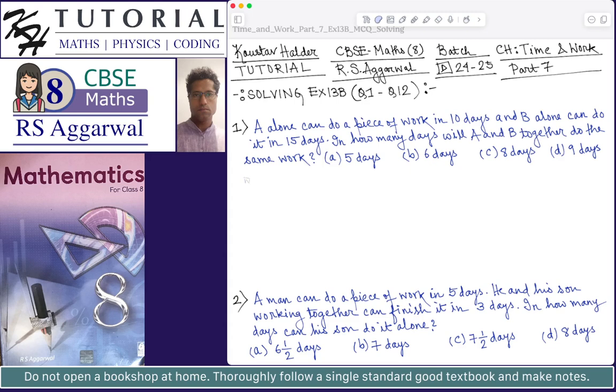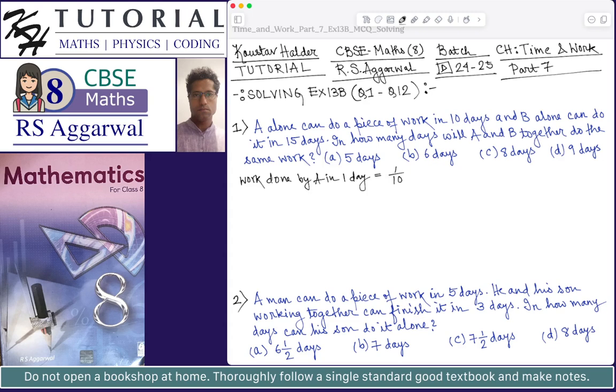So we have work done by A in one day. Work done by A in one day will be 1 by 10, using the first general rule that if a work is completely done in n days, then in one day the amount of work done is 1 by n.